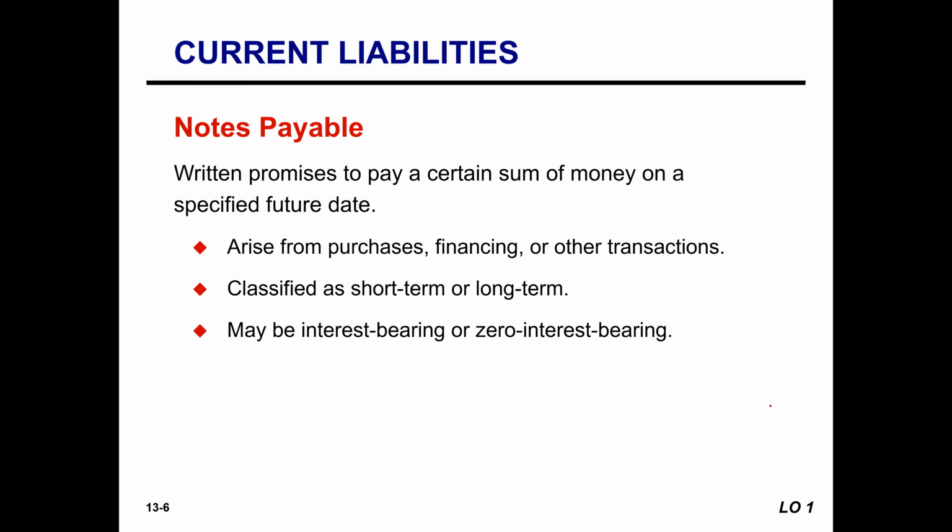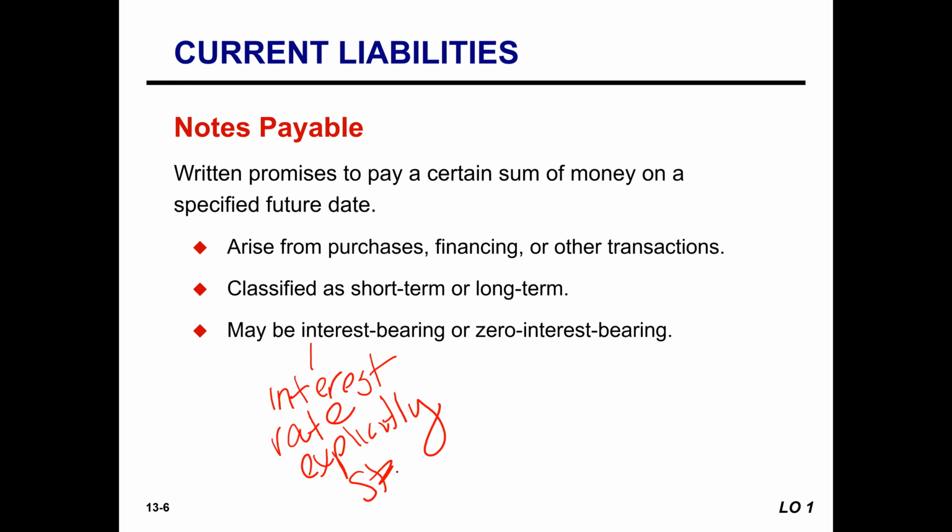Interest-bearing, the interest rate is explicitly stated. In other words, they're going to say it's a 6% note, or it's an 8% note, explicitly stated, right?